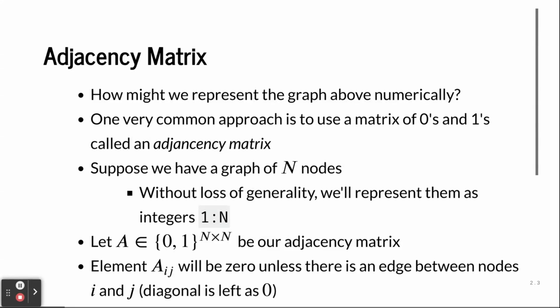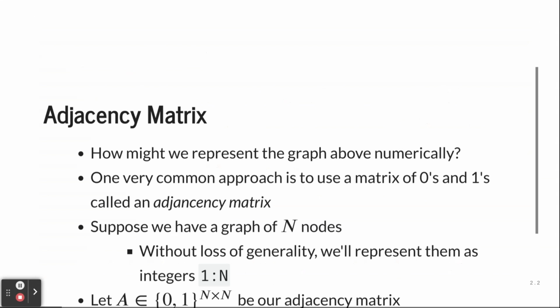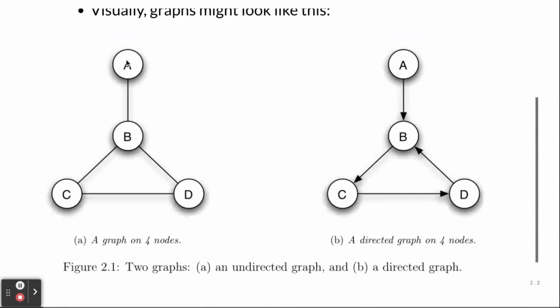Suppose we have a graph with capital N nodes, and without loss of generality, we'll just call them the integers 1, 2, 3, all the way through N. Previously, we were talking about nodes labeled A, B, C, D. Now we would call these 1, 2, 3, 4.